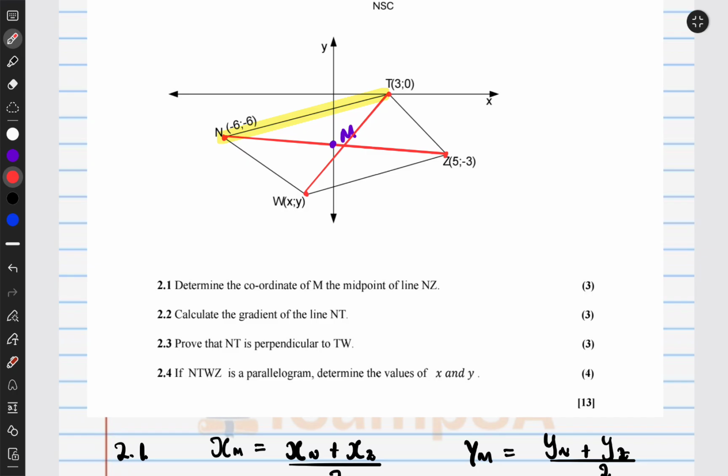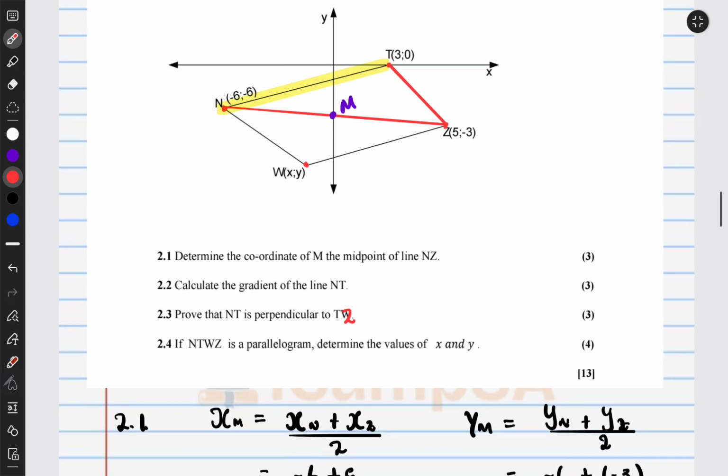And here we have no way of calculating the gradient of TW, since we don't have the W coordinate. So instead, what they were trying to say is that we have to prove that NT is perpendicular to TZ.